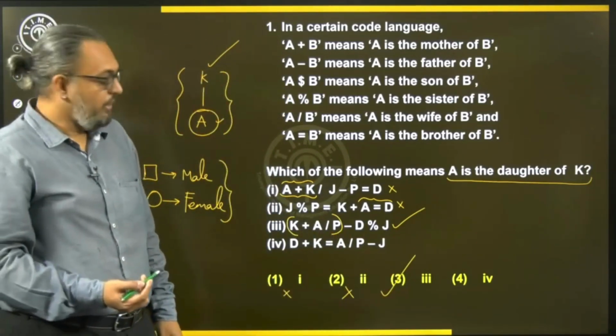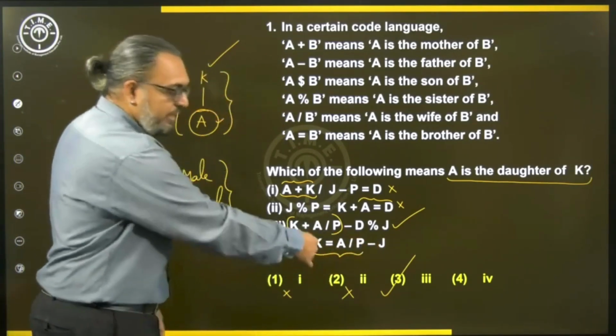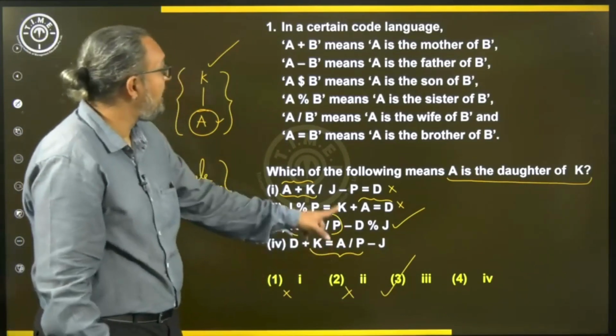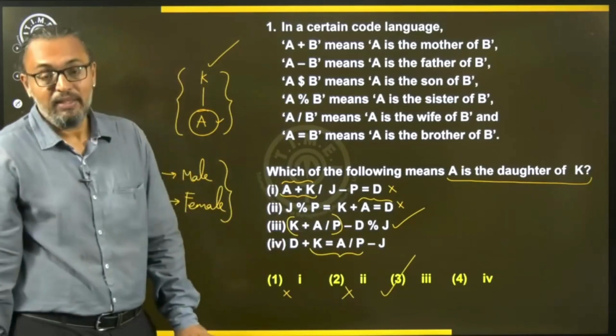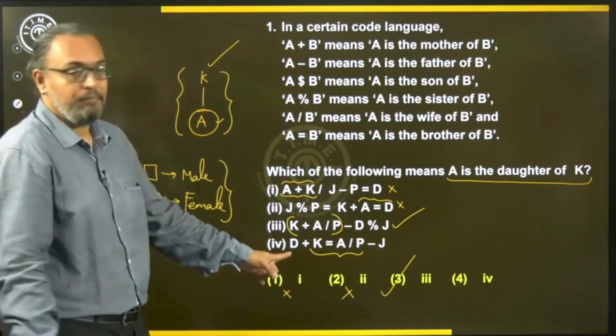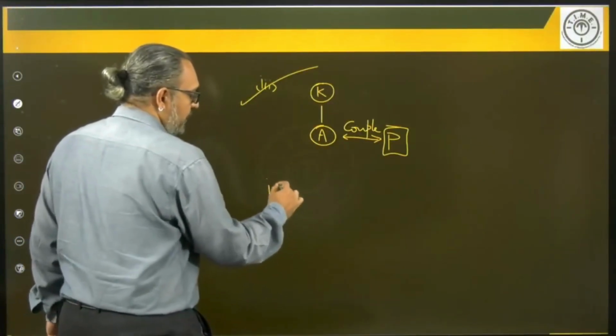Understood? Okay. In the fourth one also, we have A by P, which is A is the wife of P. Then K equals, and equals is brother. K is a brother of A, means A is a sister of K. You don't have to check it, I am just explaining.